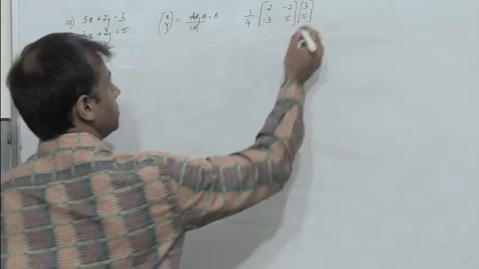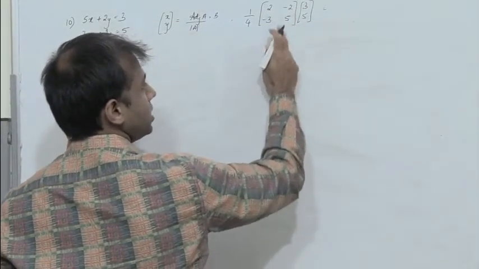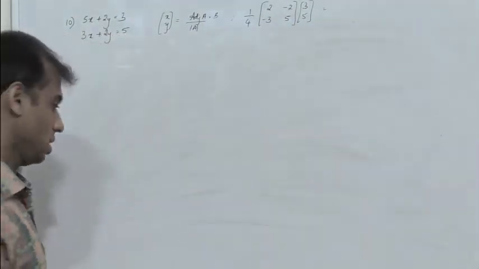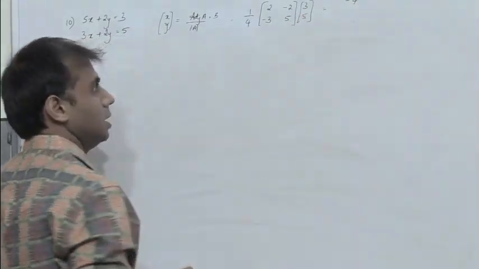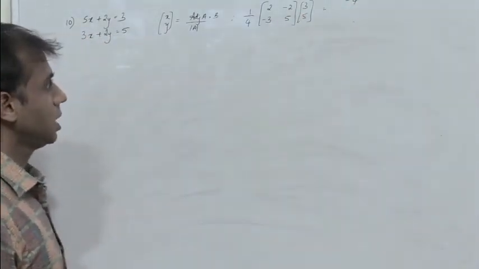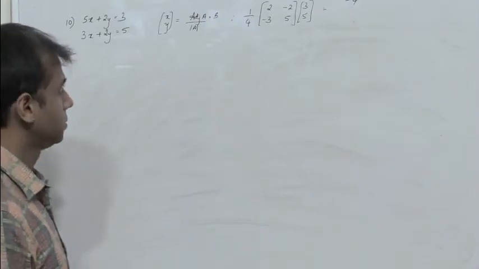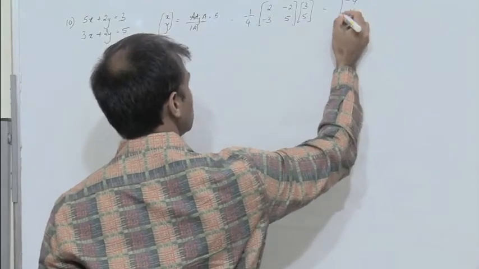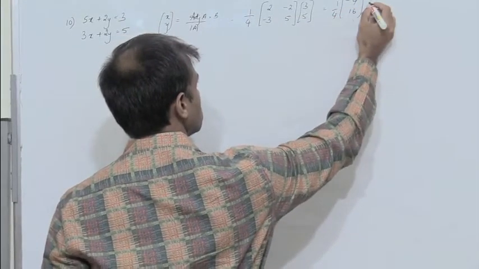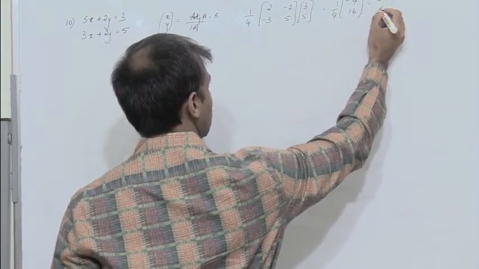So we have 2 into 3 is 6. 6 minus 10, which is minus 4. And then minus 3 into 3 is minus 9 plus 25. So minus 9 plus 25 is 16 into 1 by 4. So we get minus 1 and 4.